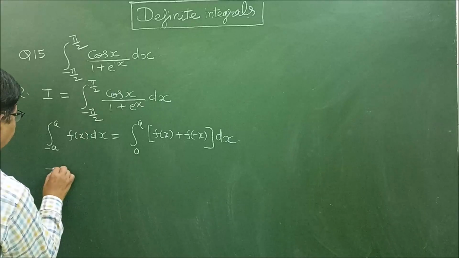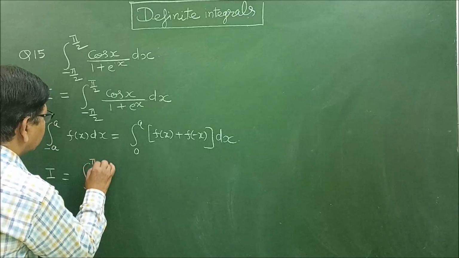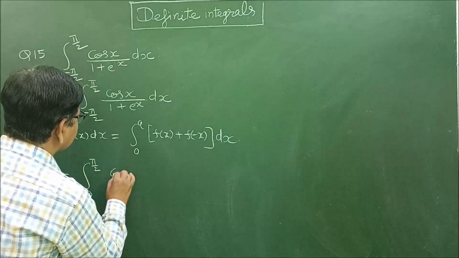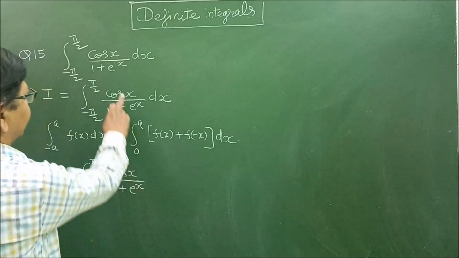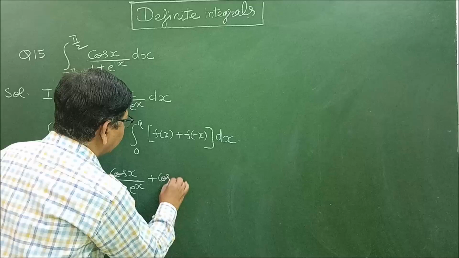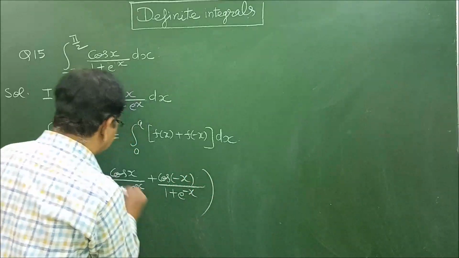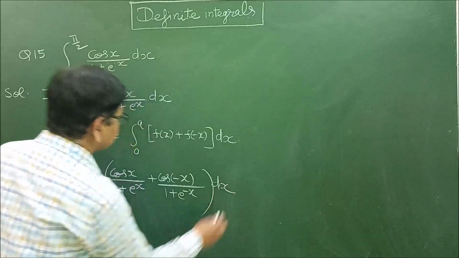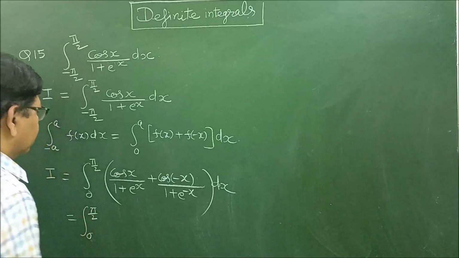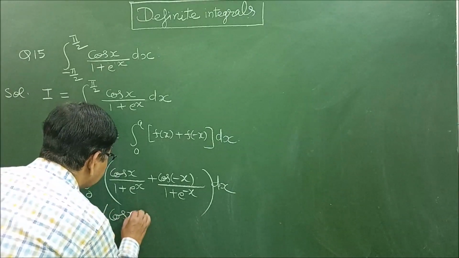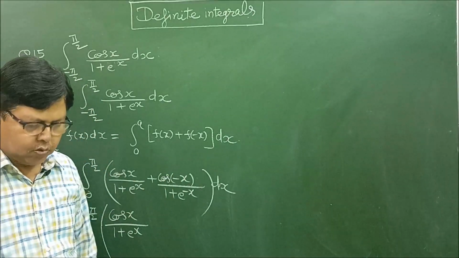So I can write this I is equal to the integral from 0 to pi by 2 of cos x upon (1 + e^x), and now replacing x by minus x here, plus cos(minus x) upon (1 + e raised to the power minus x) dx, which is equal to the integral from 0 to pi by 2 of cos x upon (1 + e raised to the power x), since cos(minus x) is equal to cos x.